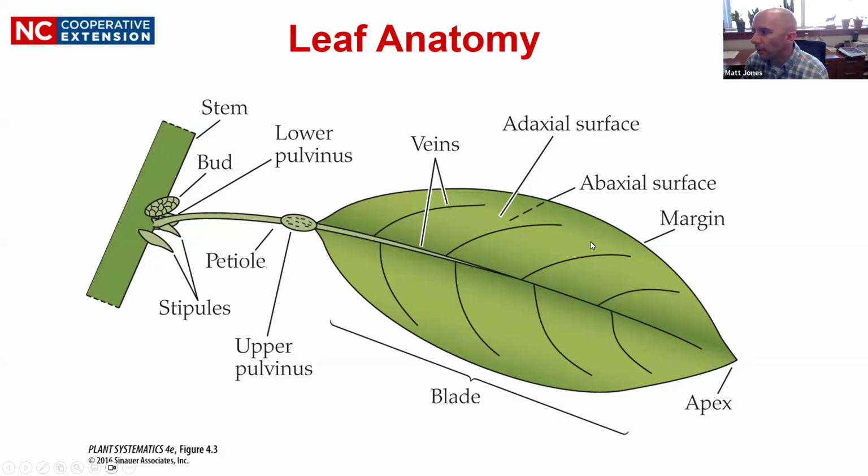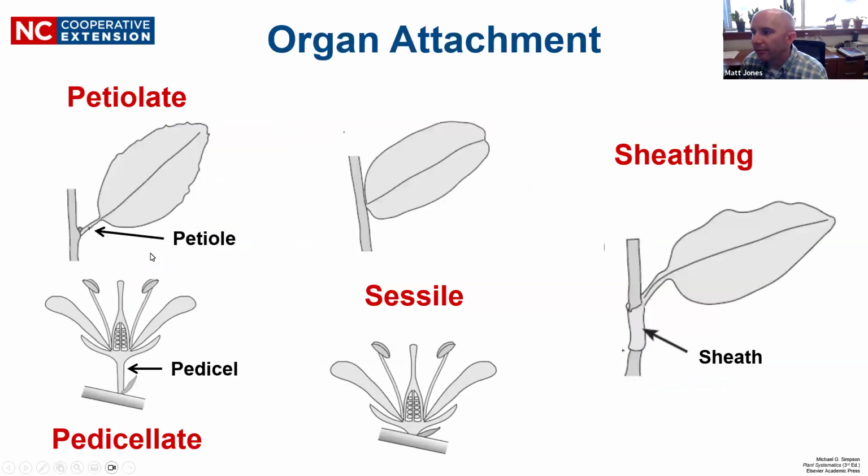The edge is called the margin, and then some leaves have pulvini, a singular pulvinus, and this is just a swollen section that helps control the angle of the leaf. If a petiole is present, or if the equivalent of a petiole in a flower called a pedicel is present, we describe that as petiolate or pedicellate.